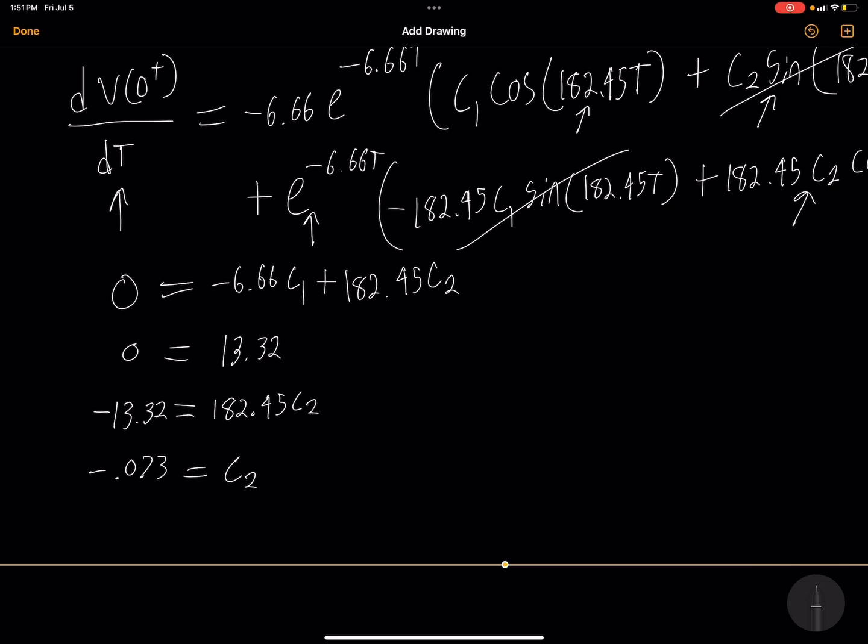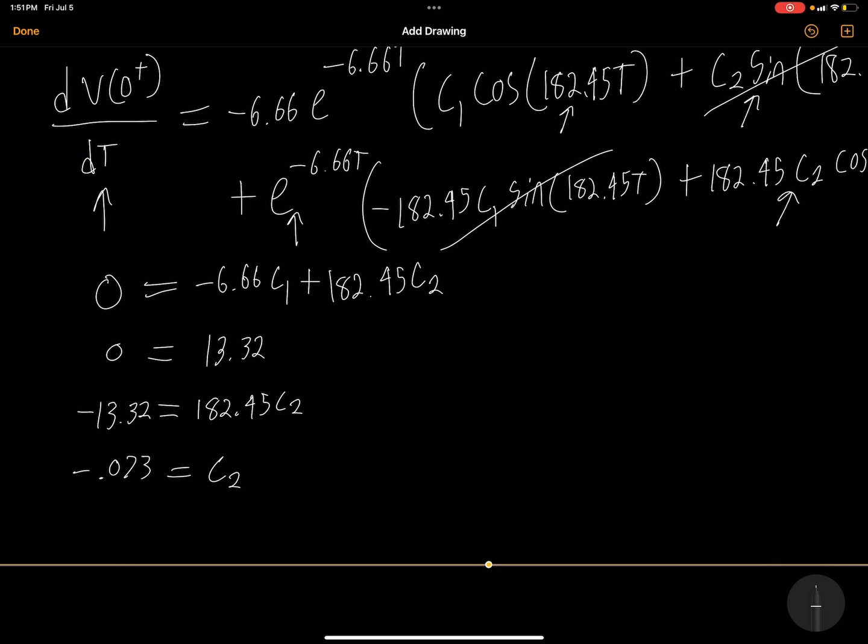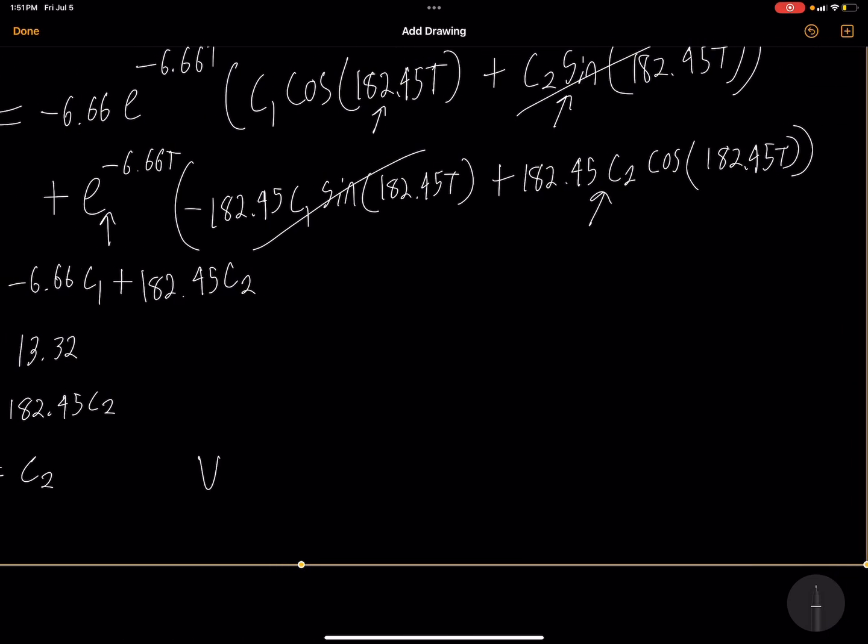Okay. And we have our values just like that. So now let's plug that in. Voltage across the capacitor as a function of time is equal to negative 6 plus e to the negative 6.66 t, times negative 2 cosine of 182.45 t.